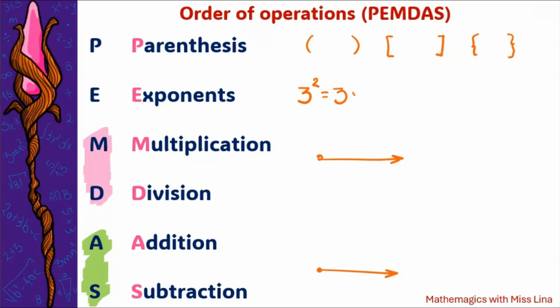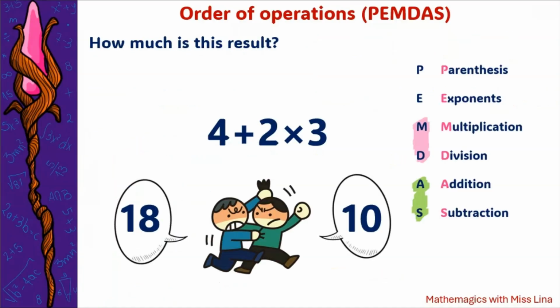So 3 times 3, which is 9, and you know 9 is a square number. Same thing, for example, with 10 squared: it's 10 times 10, which is 100. Those are the exponents. Okay, then using this information, what is the result?